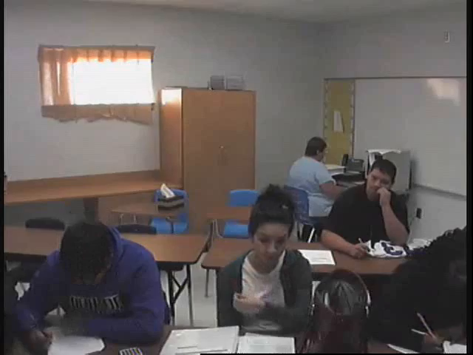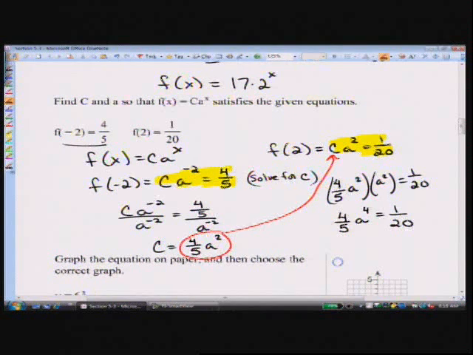Yes, A to the 4th equals 1/20. Good. All right, now, to solve for A to the fourth, first I need to multiply by 5/4 so I can make this go away. Or it's the same as dividing by 4/5. All right, and so then I get A to the fourth is equal to, 5 goes into 20 4 times, this is 1/16.